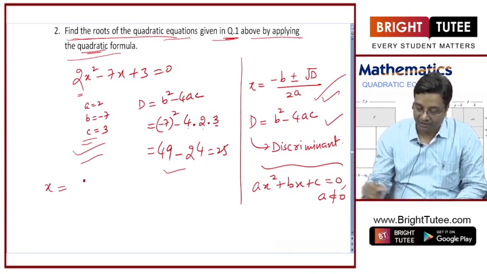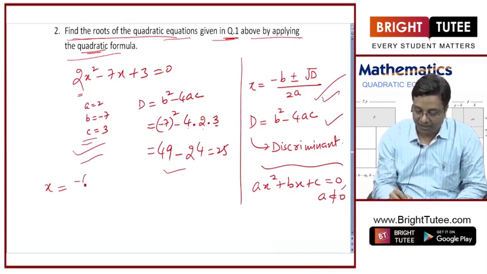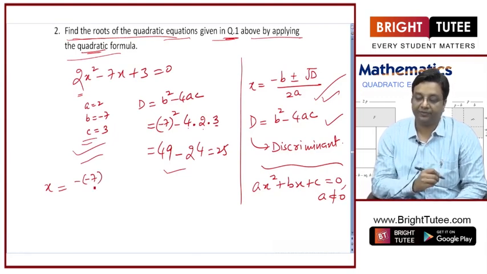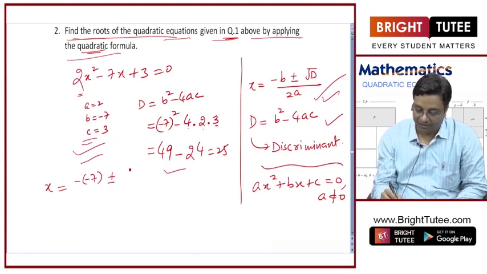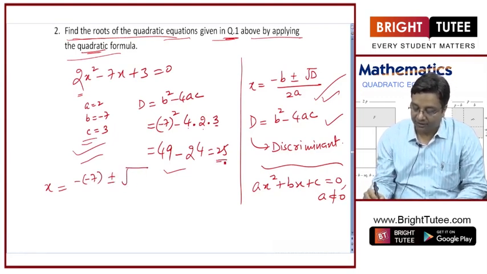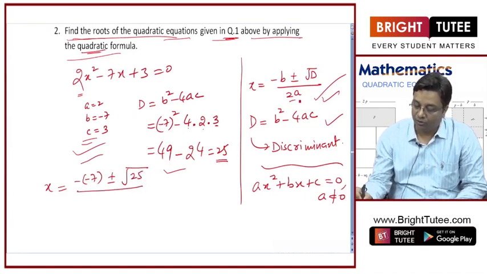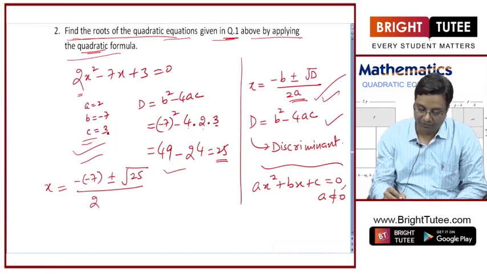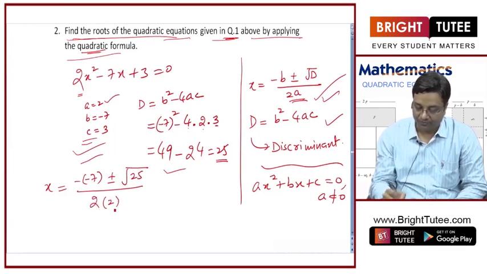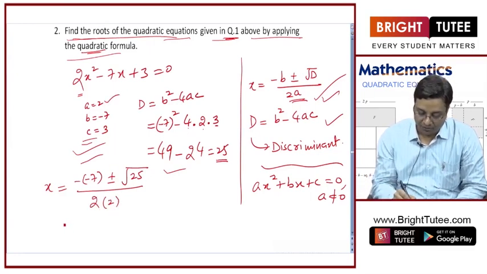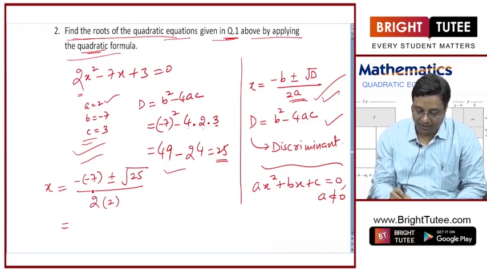So minus b will become minus of minus 7, plus minus root d, which is 25, by 2a, twice of a is 2. So what I got here is minus of minus 7 is 7, plus minus root of 25 is 5, by 2 into 2, 4.